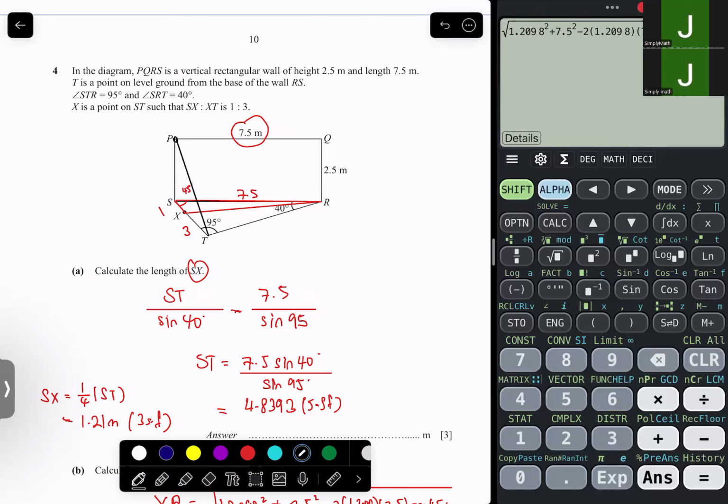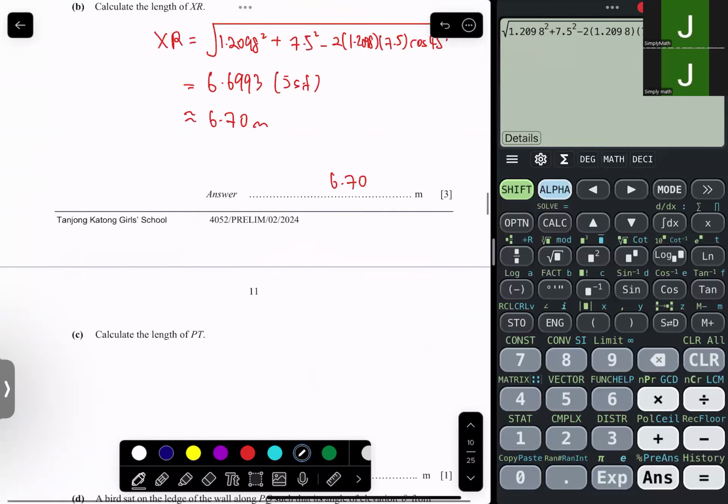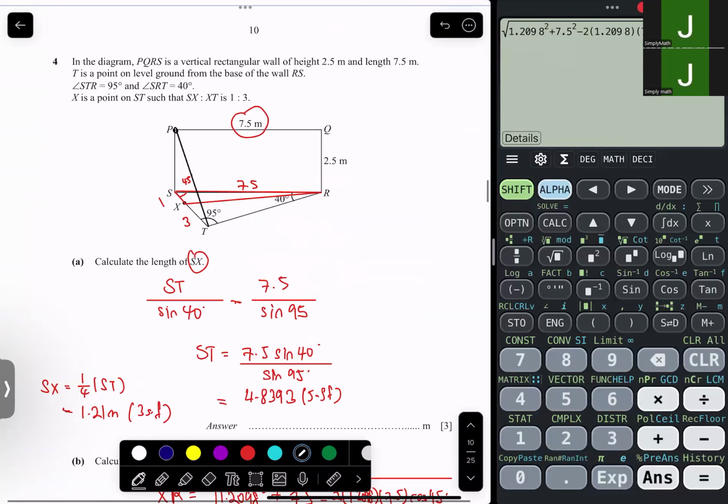Why is it cosine rule again? A bit weird. Calculate the length of PT. Oh, it's only 1 mark though. Is there anything that I'm missing? PT is supposed to be easy.